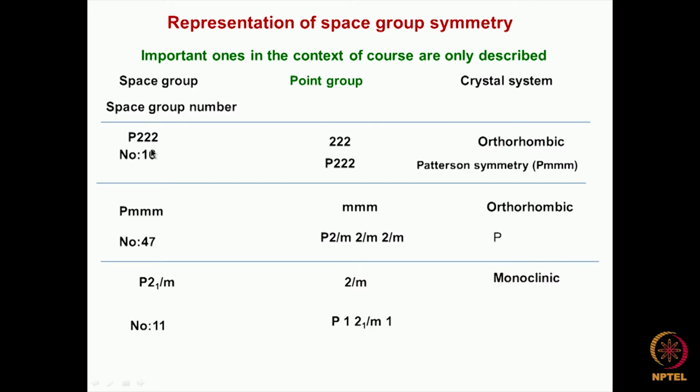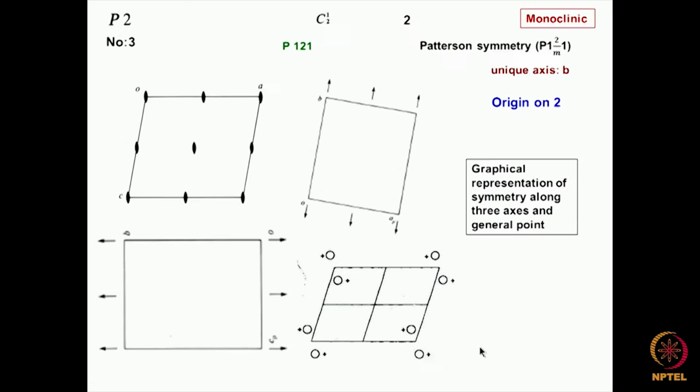Then a number is given, which is the space group number, and then what is called the Patterson symmetry, which is related to diffraction symmetry. These are all the information being given.